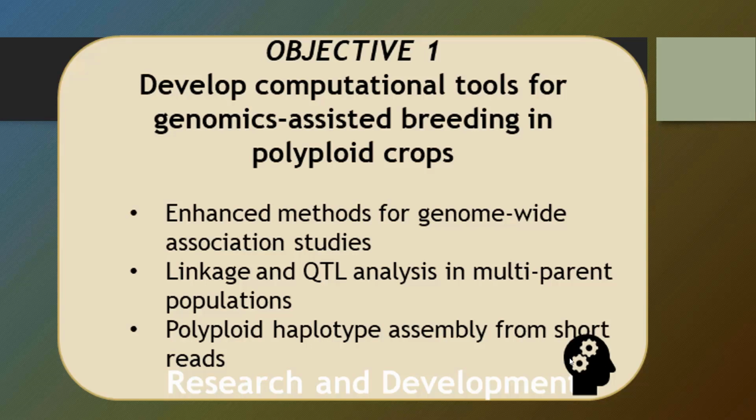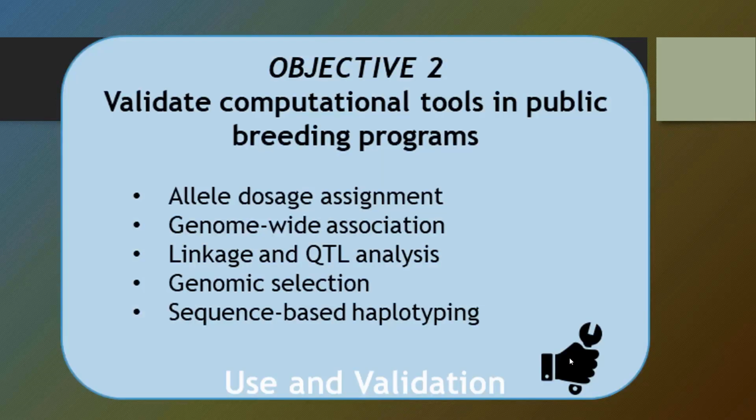In this objective, we're developing enhanced methods for genome association studies for linkage and QTL analysis, especially with multi-parent populations, and then better ways to assemble polyploid haplotypes from short reads. So we have those objectives that we'll be working with, and every year we'll be adding some more information and improved software packages to use for your analysis.